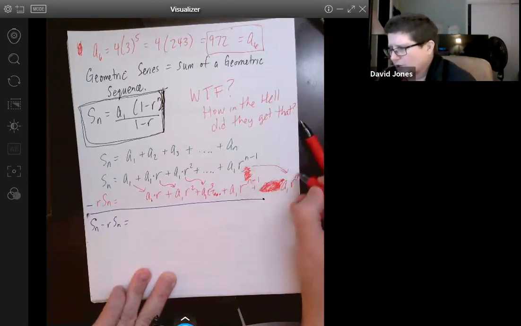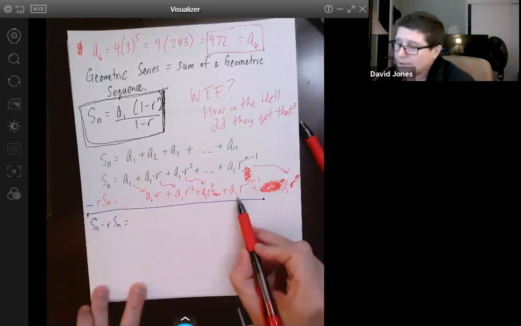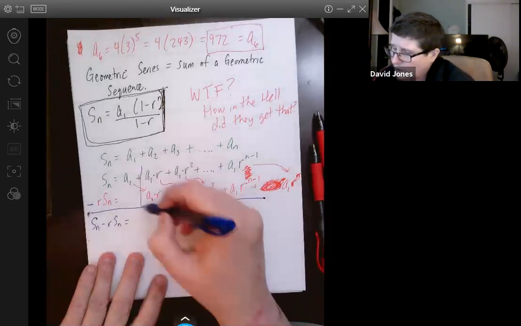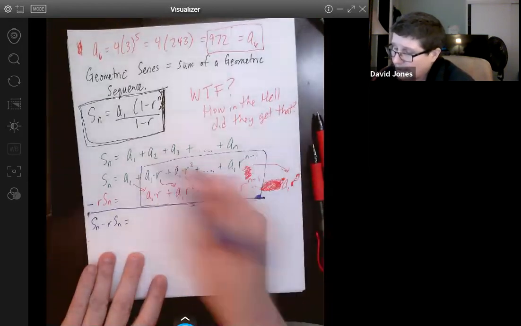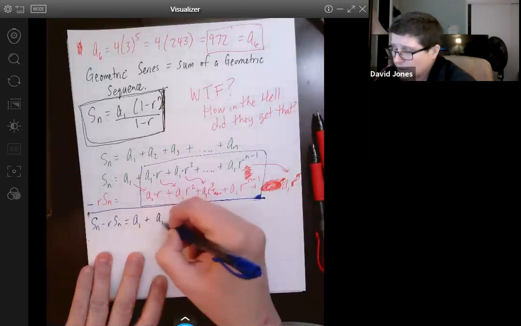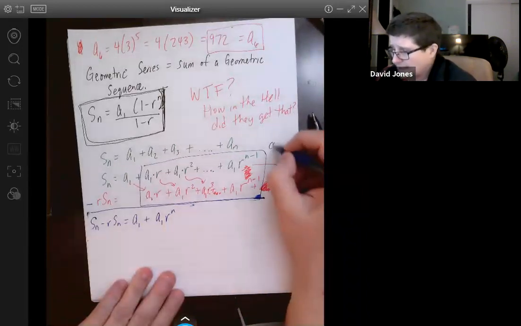Multiplying that term by r, I get a sub 1 times r to the n. And the term before that would have been a sub 1 times r to the n minus 1. When I subtract them, all of these cancel out, and I'm just left with a sub 1 plus a sub 1 r to the n. Cancels in subtraction.